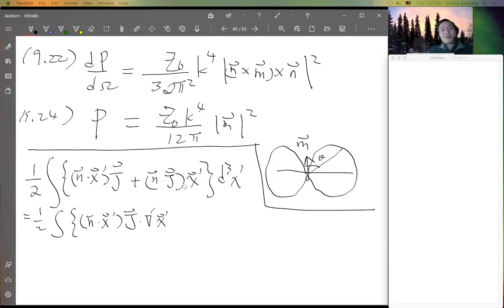Now exactly the same thing happens here. So the second term, this bracket J dot N, we'll write as J dot gradient prime N dot x prime. Because for the gradient prime of this dot product between the vector N and x prime, N doesn't depend on x prime, so gradient prime doesn't operate on N, only on x prime.